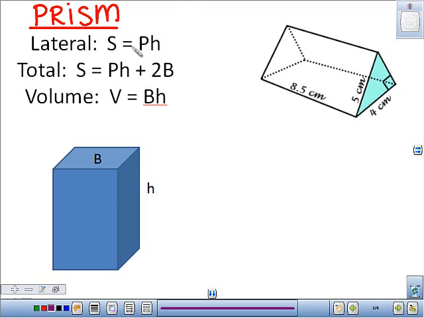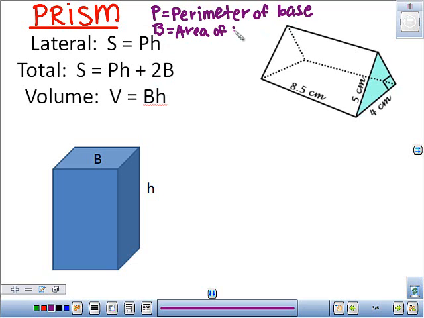Capital P is the perimeter of the base, and the capital B stands for the area of the base. So you definitely need to identify your bases, and then you'll have to find the perimeter of one and the area of one. And of course, H is just the height.